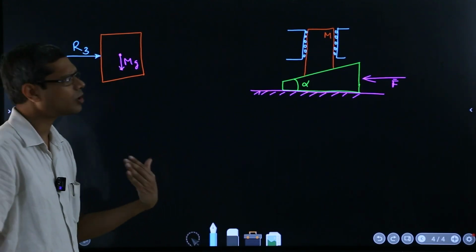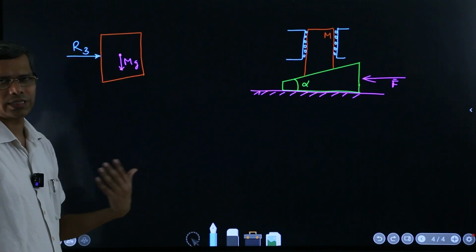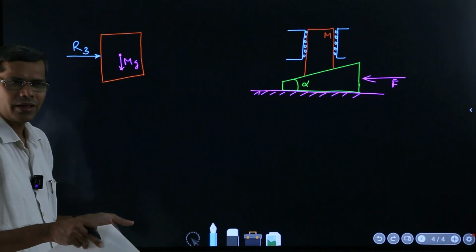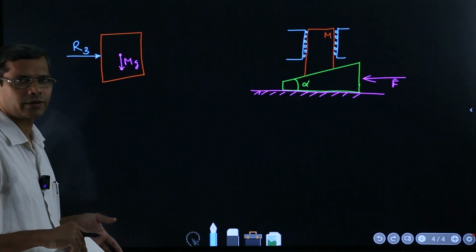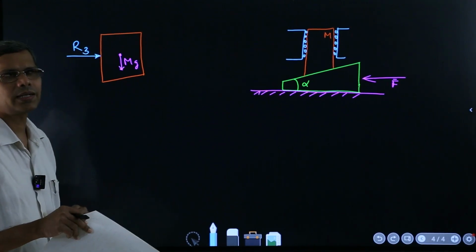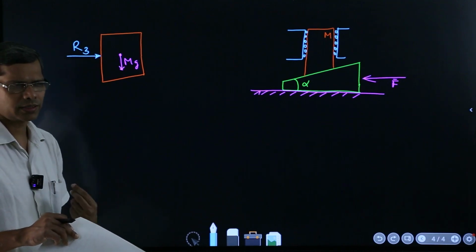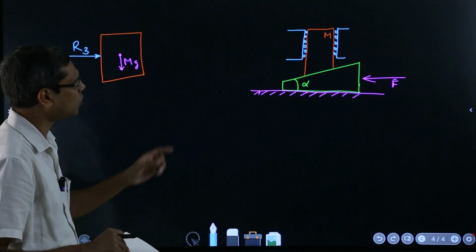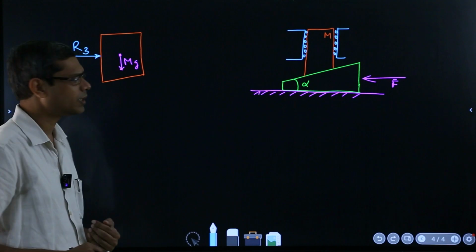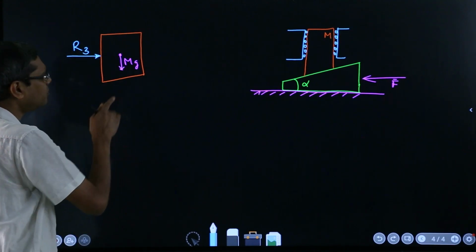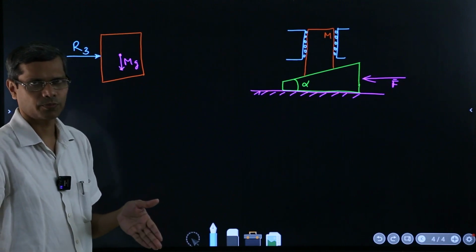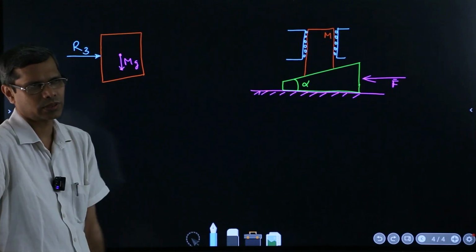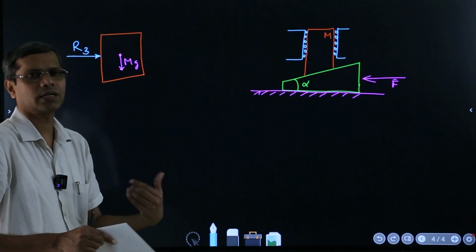It will not be touching both sides. It's not a press fit kind of situation. There is a slight play, a slight gap between the walls so that it moves smoothly, and at any point of time only one side is giving support. The other side's reaction is basically zero.